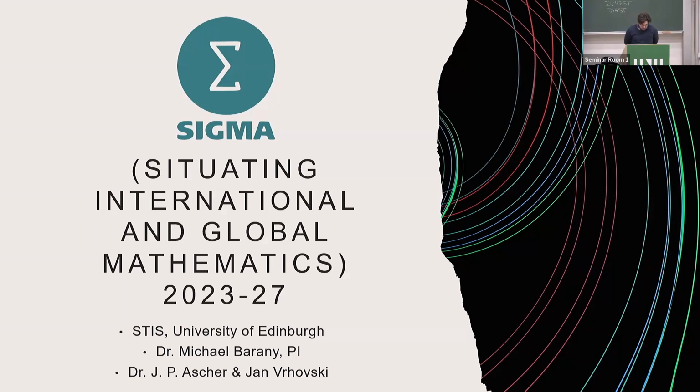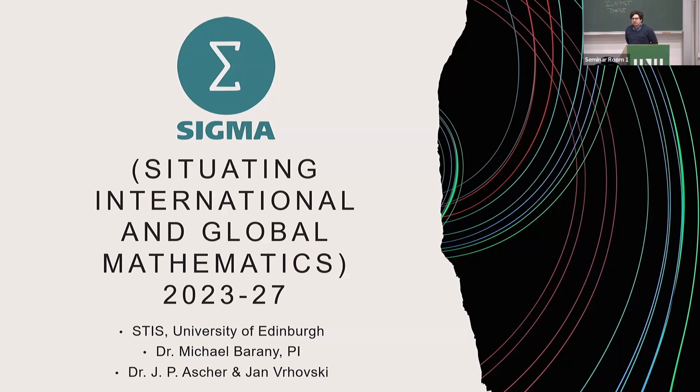I will try to present my research in the framework of a research project I'm currently working in. My name is Vrhovski. I'm originally from Slovenia, and I'm currently working at the University of Edinburgh, more specifically in Michael Barani's Sigma project, which is situating international and global mathematics.